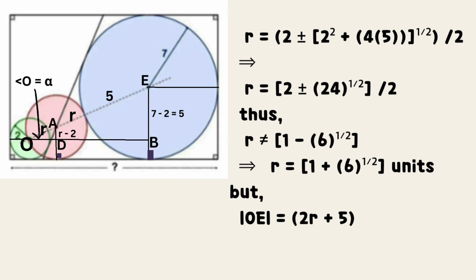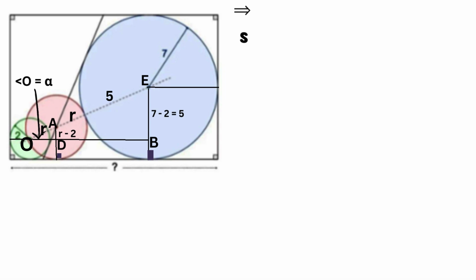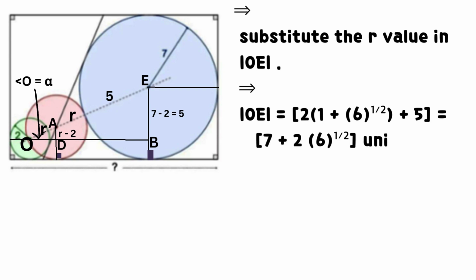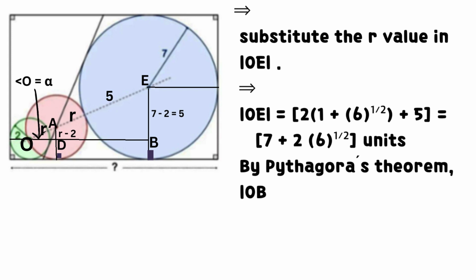But line OE equals 2r plus 5. Substitute the value of r in line OE. Thus, OE equals 7 plus 2 times the square root of 6 in units.